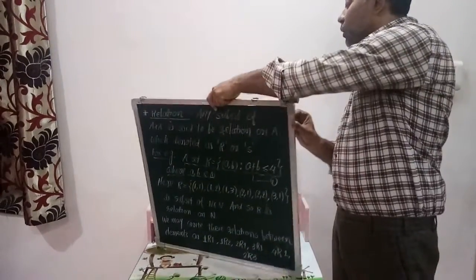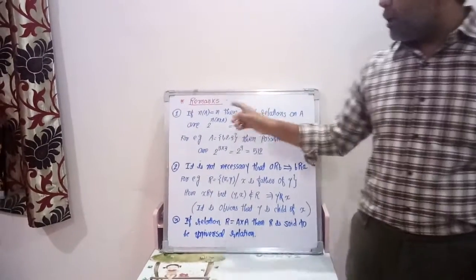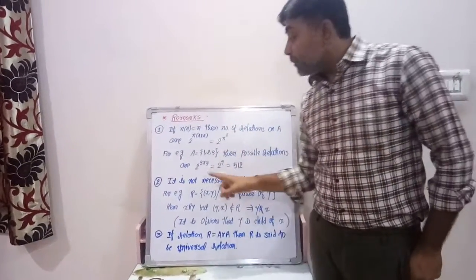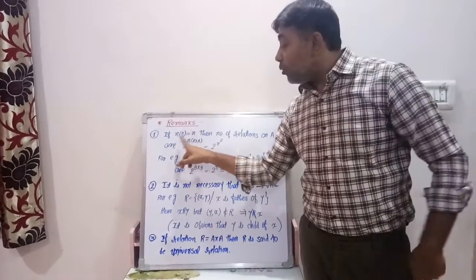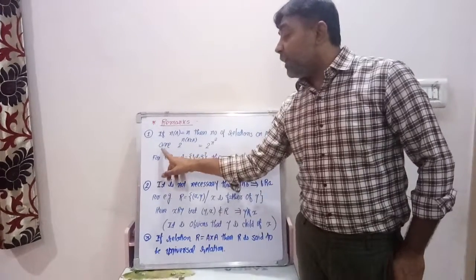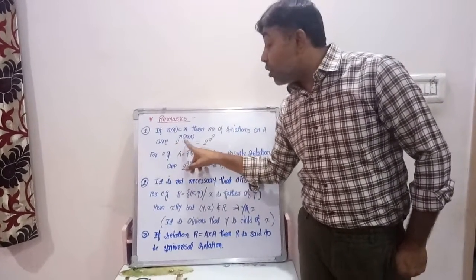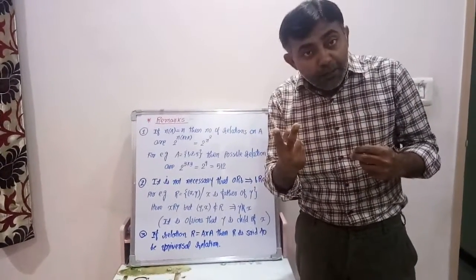Now see, one remark. There are 3 big important remarks related to this topic. If the number of elements of A is n, it means set A includes n elements, then the number of relations on set A is 2 raised to the number of elements of A cross A. For example, set A has 2 elements only.